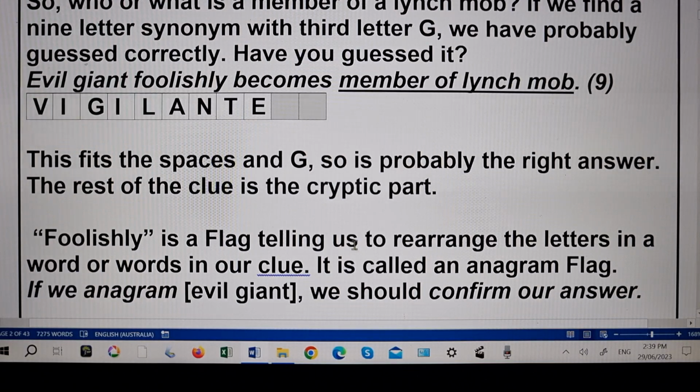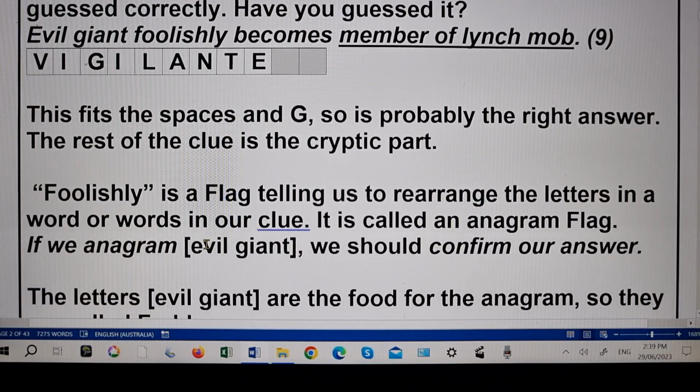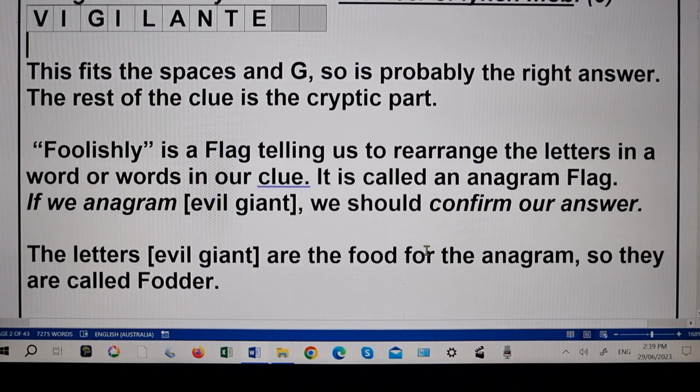Now, the rest of the clue, evil giant foolishly becomes, that's the cryptic part. Let's look at it. Foolishly is a flag, telling us to rearrange the letters in a word or words in our clue. Foolishly. It's called an anagram flag. And if we anagram the words next to it, evil giant, we should be able to confirm our answer, that vigilante is correct.